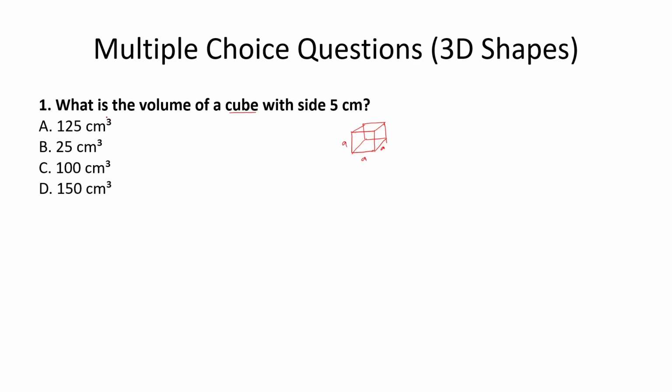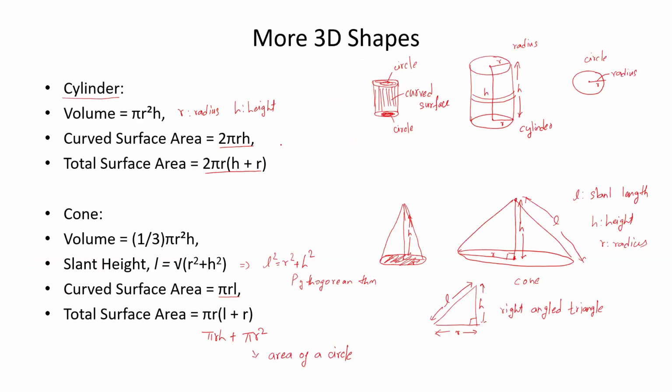Here it is given: what is the volume of a cube with side 5 centimeter? So A is equal to 5 centimeter. You have to calculate volume. This formula you should know. Volume of a cube is A cube. If you don't remember the formula, just go back and check.